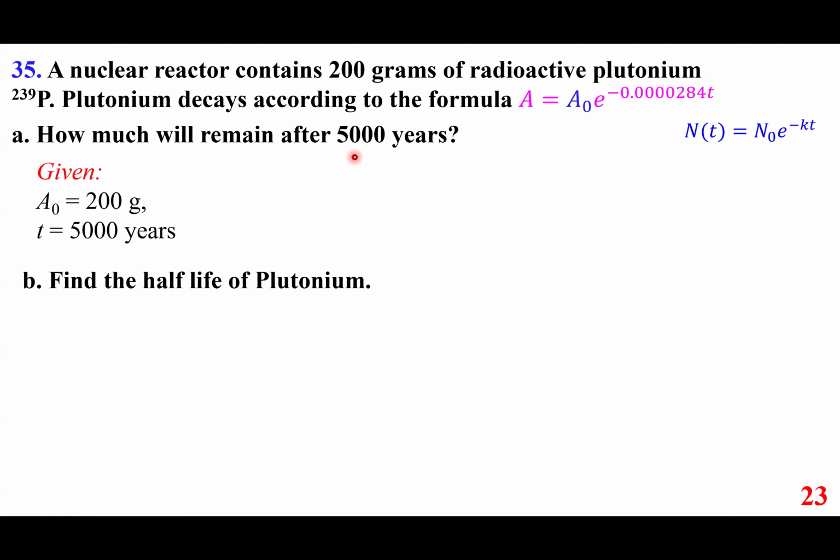And now into this formula, we put A sub 0 is 200 and T is 5,000. Now you put that into a calculator.